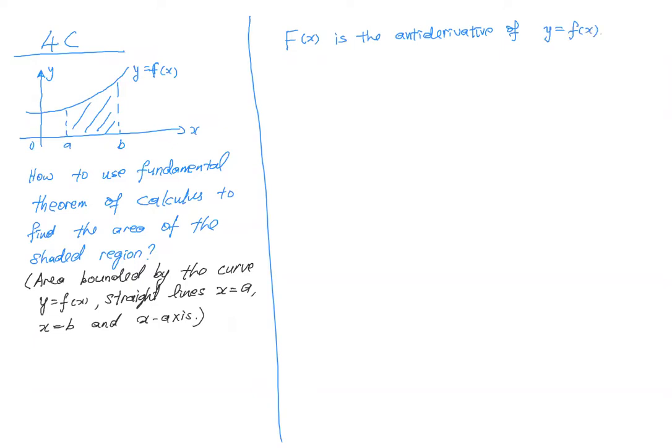Okay, this means, listen here, this means f(x) is equal to capital letter F prime x. Understand? So you make this statement first every time when you do this type of question.